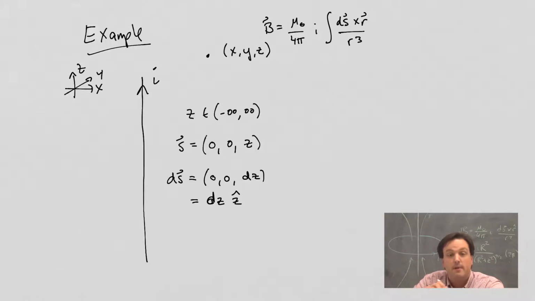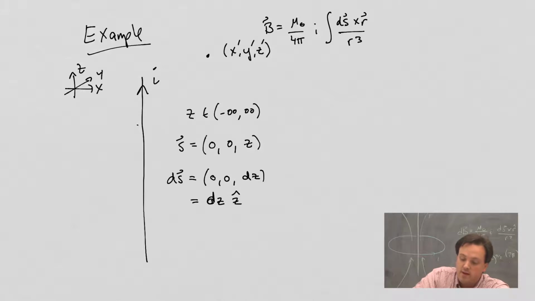This x, y, and z represent the point that I'm interested in studying, so it's a little irresponsible of me to call them just x, y, and z, because that makes it seem like it's the same thing as the variables I use for my parameterization. So why don't I call these x prime, y prime, and z prime? So now it's easy for me to differentiate, little joke there, between the variables that I'm using to define my charge distribution and the variables that I'm using to define my point of interest.